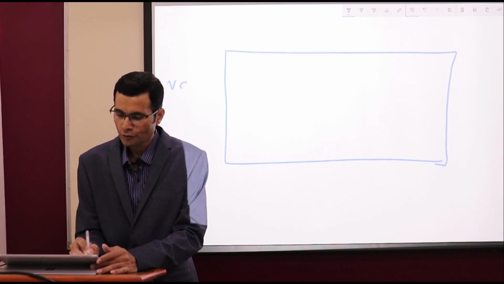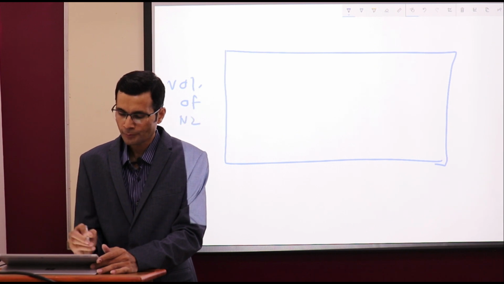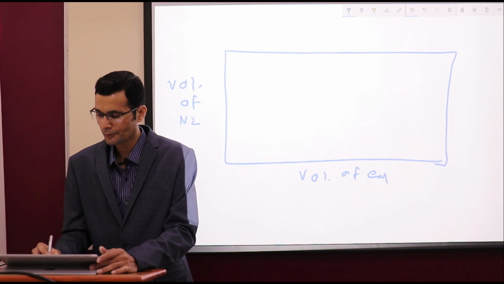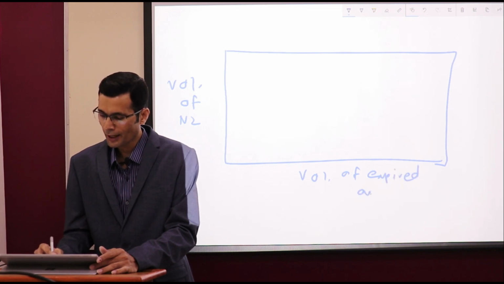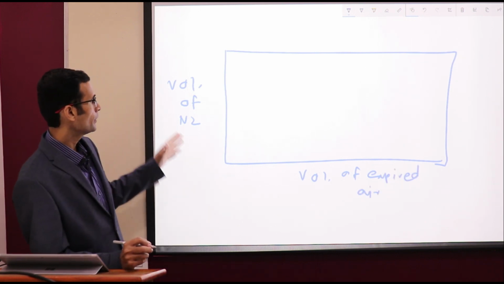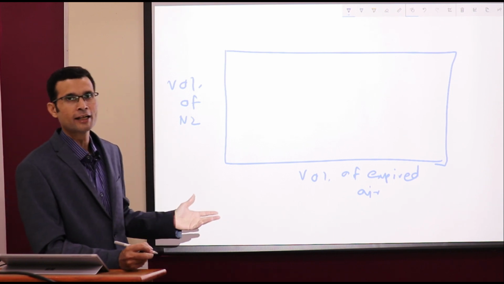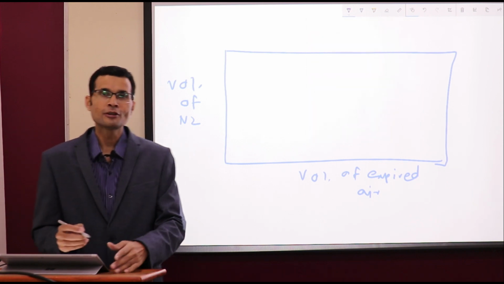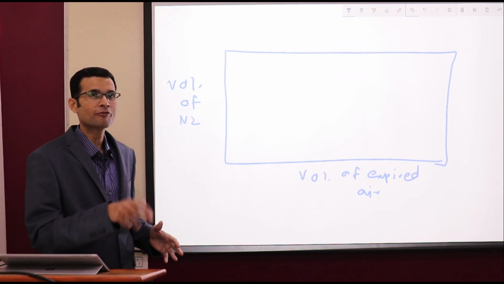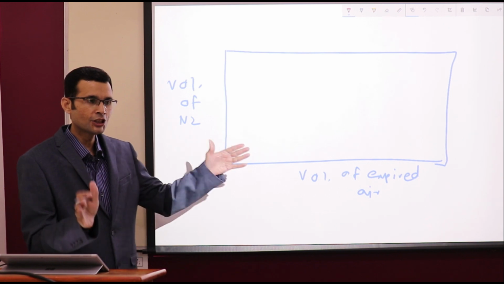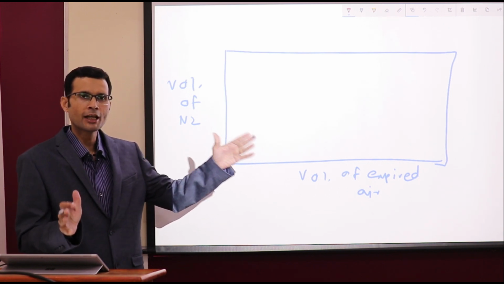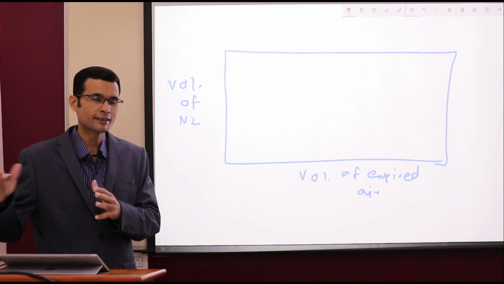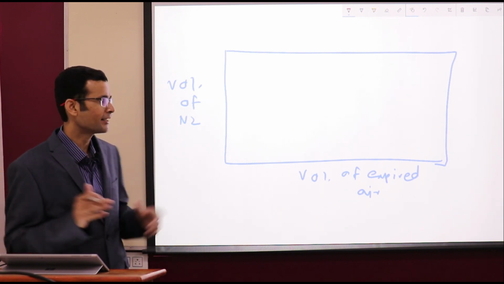Plot a graph for the volume of the expired air against the percentage of nitrogen in it, or the volume of the nitrogen. How does the graph look? It will be S-shaped. It will not be a perfectly linear graph. That is, initially 150 ml came completely nitrogen free, and then the later part was completely 75% nitrogen. No, it's not going to happen like that.